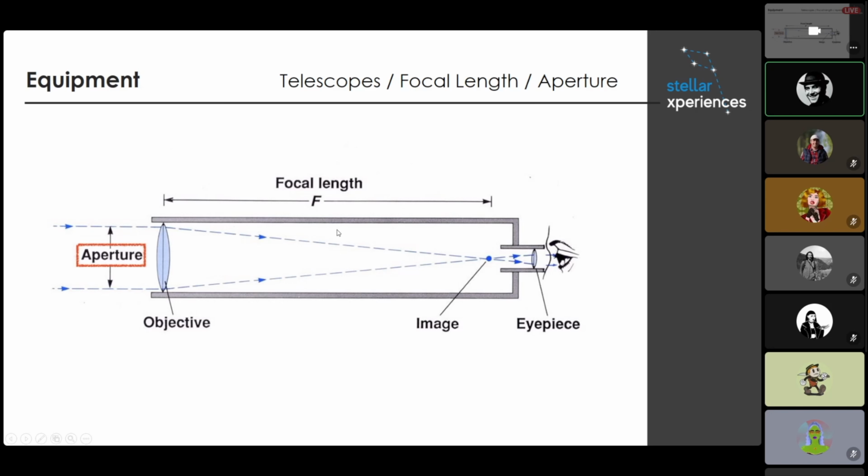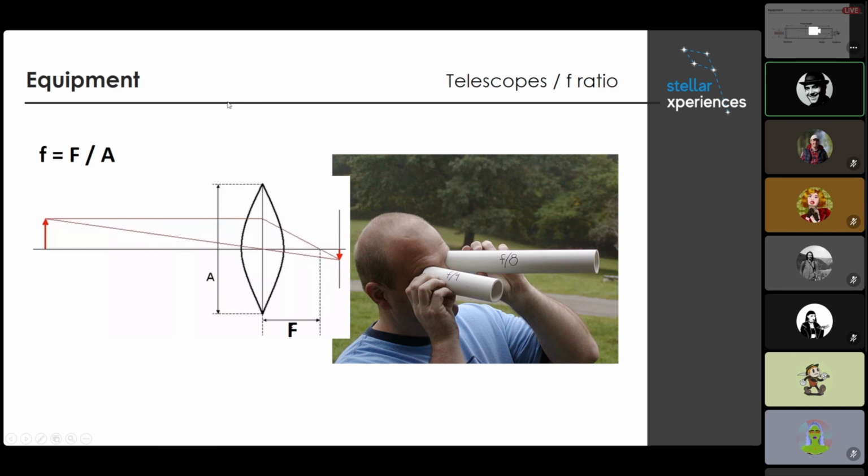And using this focal length and aperture, if you remember, we will calculate F ratio. F ratio is also known as aperture, and it is the division of focal length by physical aperture. It will give us the F ratio. This is a very good example. See these pipes here. This is F8.